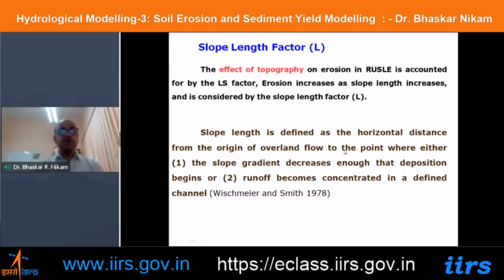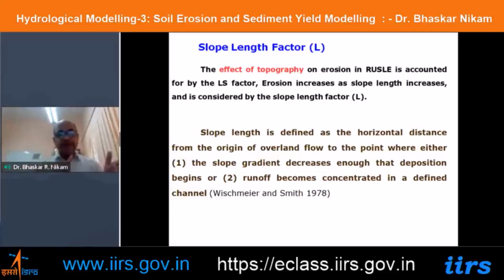Slope length is defined as the horizontal distance from the origin of overland flow. Now, from where does overland flow begin? Overland flow generally begins from the ridge, the watershed divide. The horizontal distance between the point from where overland flow begins to the point where either of these conditions is true. What are the two conditions?